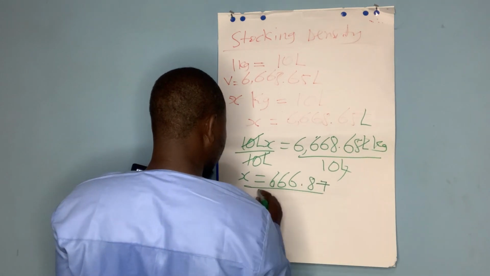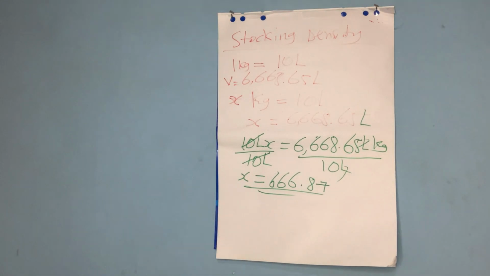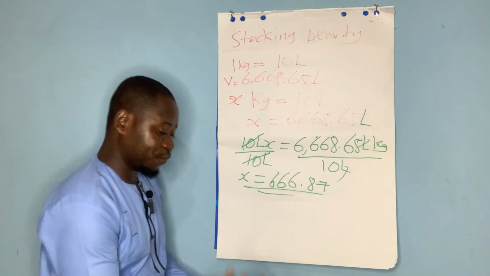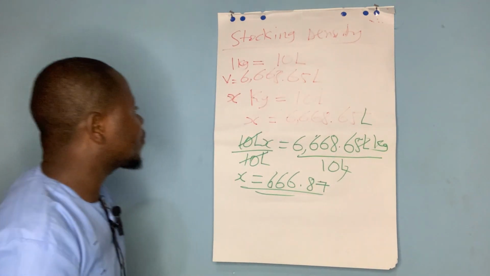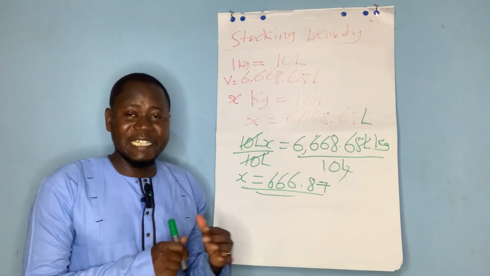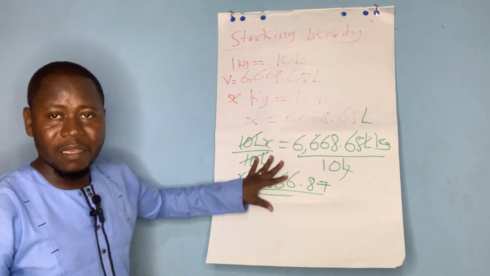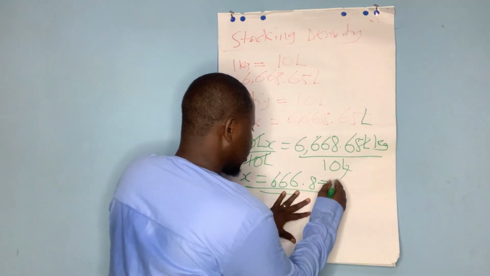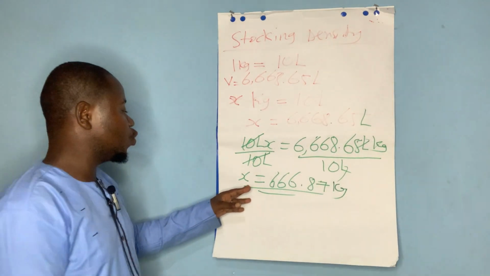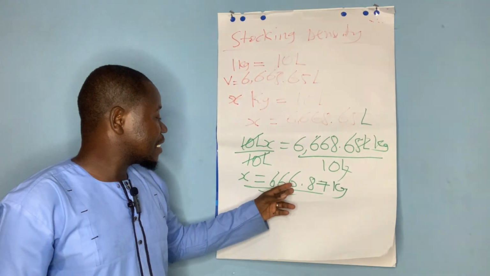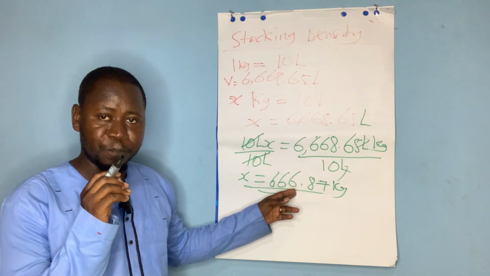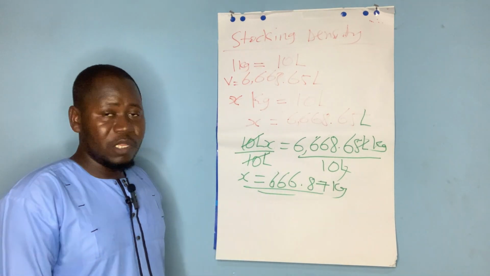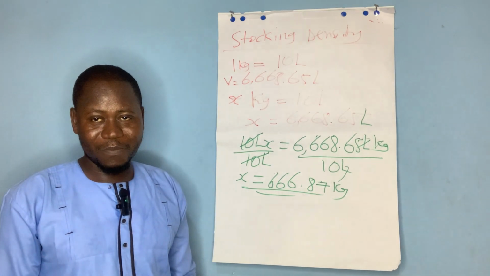I'm rounding it to 2 decimal places. Now, this is it. So it means that the cylindrical pond that we calculated, we can stock up to 666 fish in there, and we can raise them out to 1 kilogram in the pond.